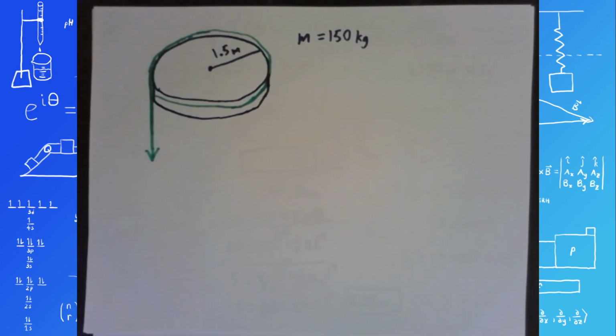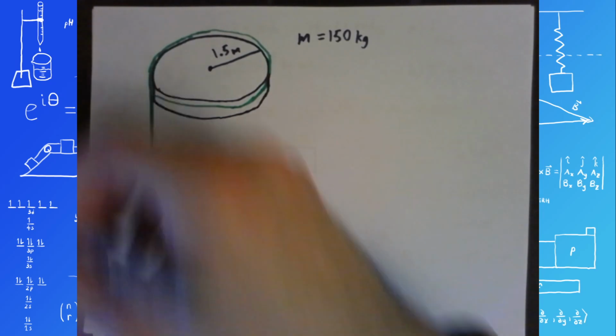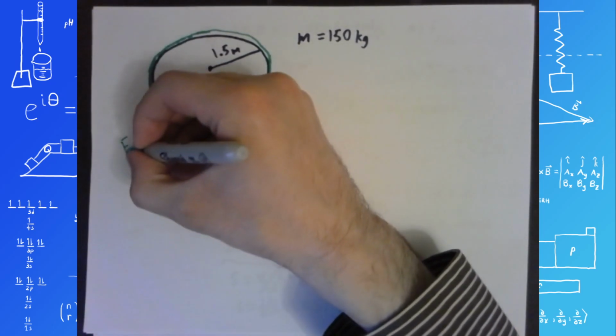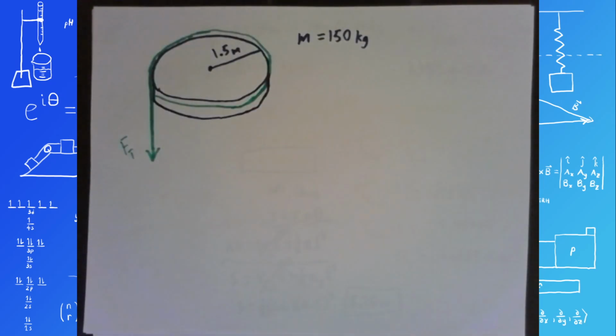Let's reread. So it says, what constant force, I'm just going to call it a tension force, must be exerted on the rope to bring the merry-go-round from rest to an angular speed of 0.5 revolutions per second in 2 seconds?